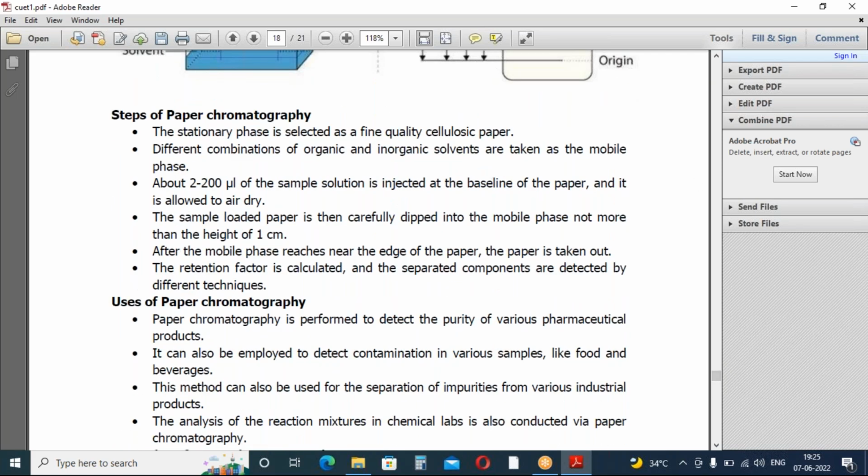Here you can observe about 2 to 200 microliters of sample solution should be injected at the baseline of the paper, and that is allowed to air dry.